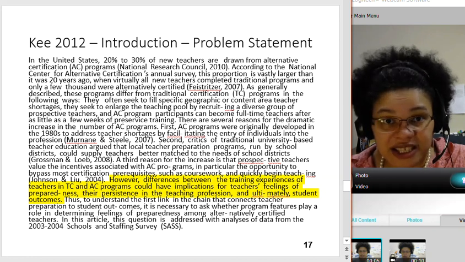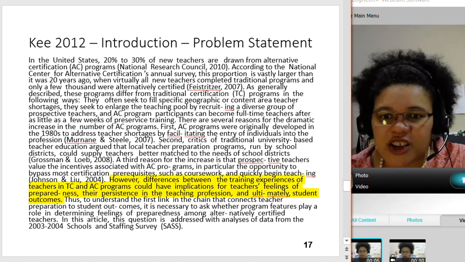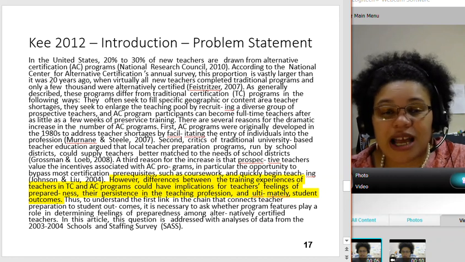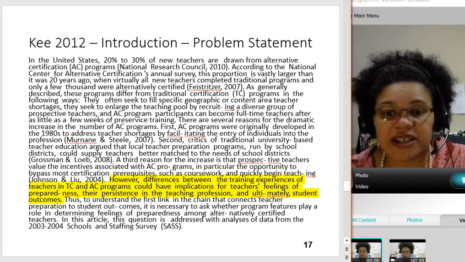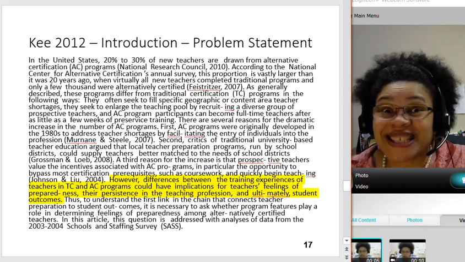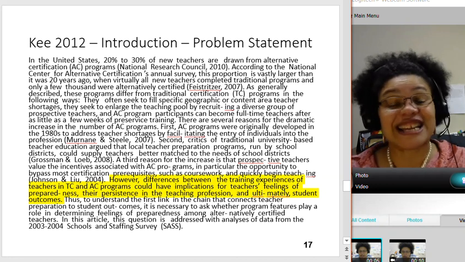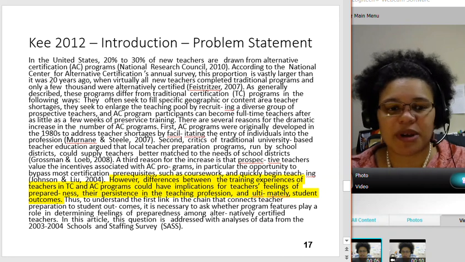There are these differences that could have effects not only on the teachers themselves, their feelings of preparedness, their persistence in the profession, but could have an effect on students. So yeah, this is a problem. This is a justification. It could affect students, and if you can justify your research by talking about students, then as an educator, that often makes a compelling study.